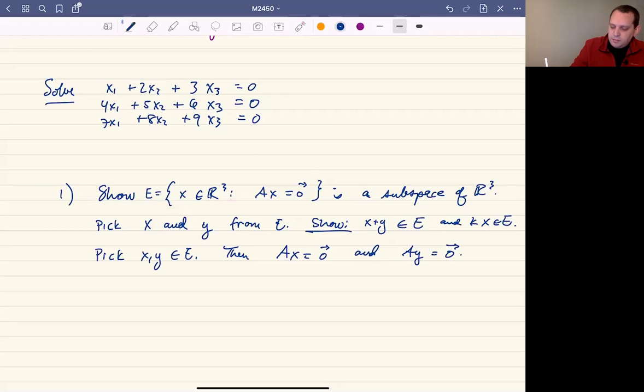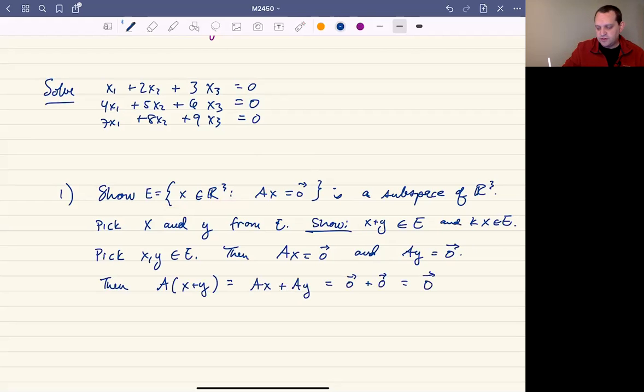If we add them up, I want you to notice that if I add them up and then multiply by the distributive properties of matrices, this is A times x plus A times y, which is going to be the 0 vector plus the 0 vector, which is of course the 0 vector.